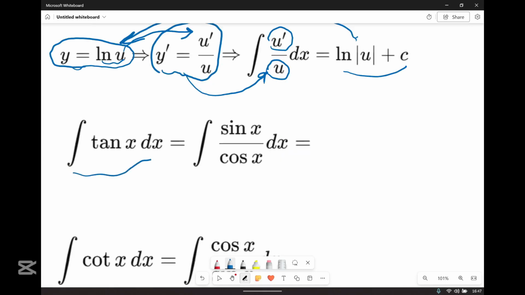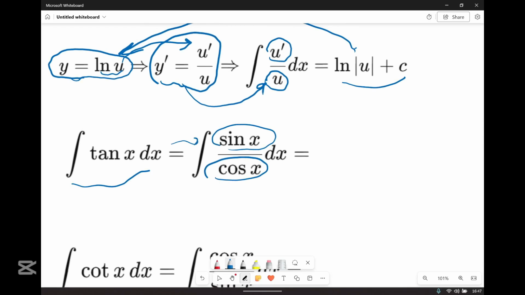But in this question, the integration of tangent dx, yes, at the first I split it to the ratio sine x divided by cosine x. And if you see, exactly the derivative of cosine is minus sine, and the minus outside is exactly on the top. Therefore, our answer is ln cosine x plus c.